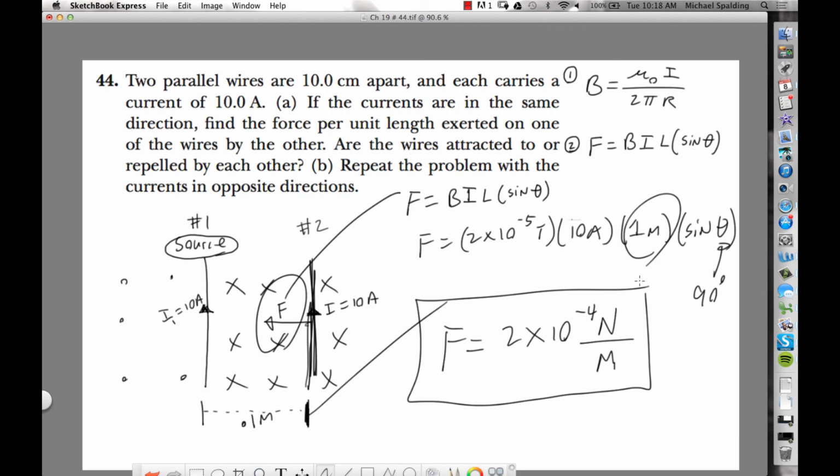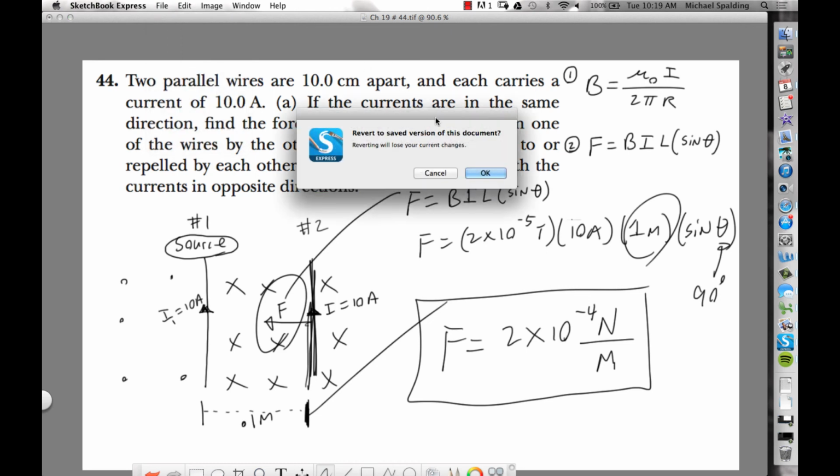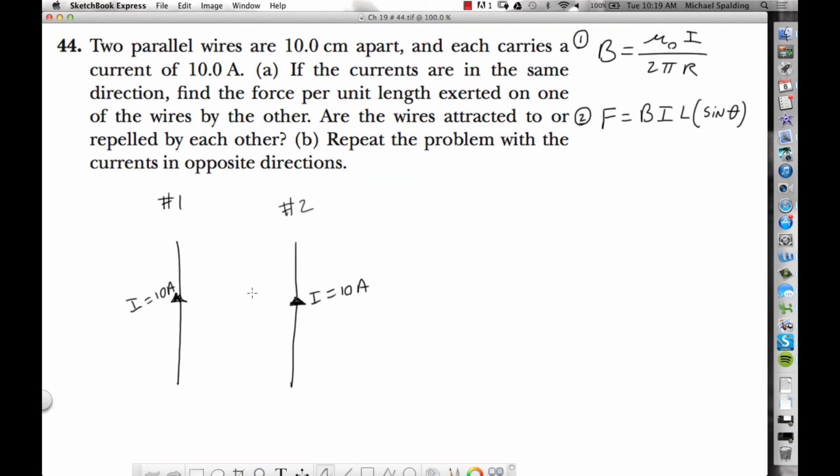But for part B, the currents are running in opposite directions. How is that going to change the problem? It changes the direction of the force. So now let's have the current here running down.